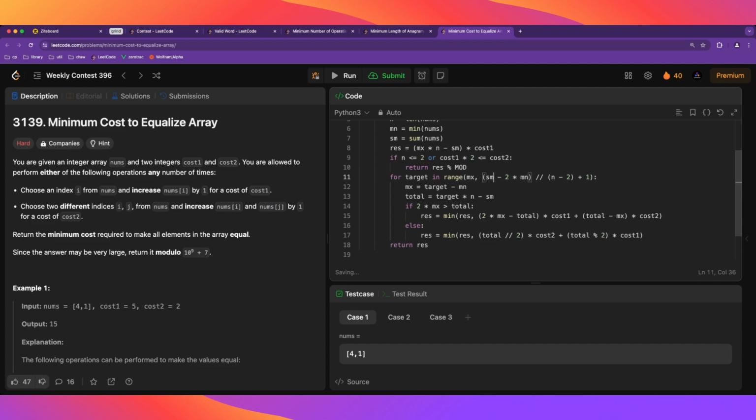And notice that we also have to be greater than max, of course, so we want the maximum between max and this.